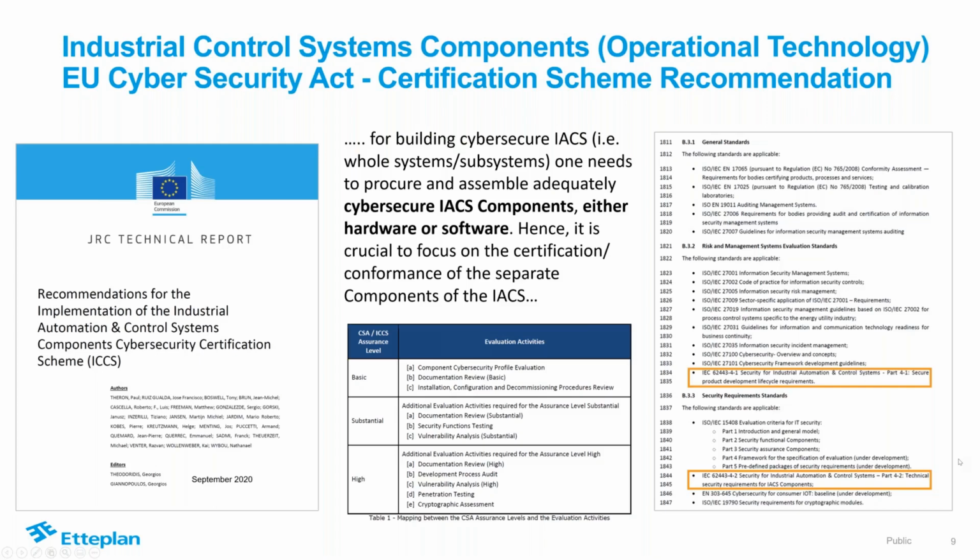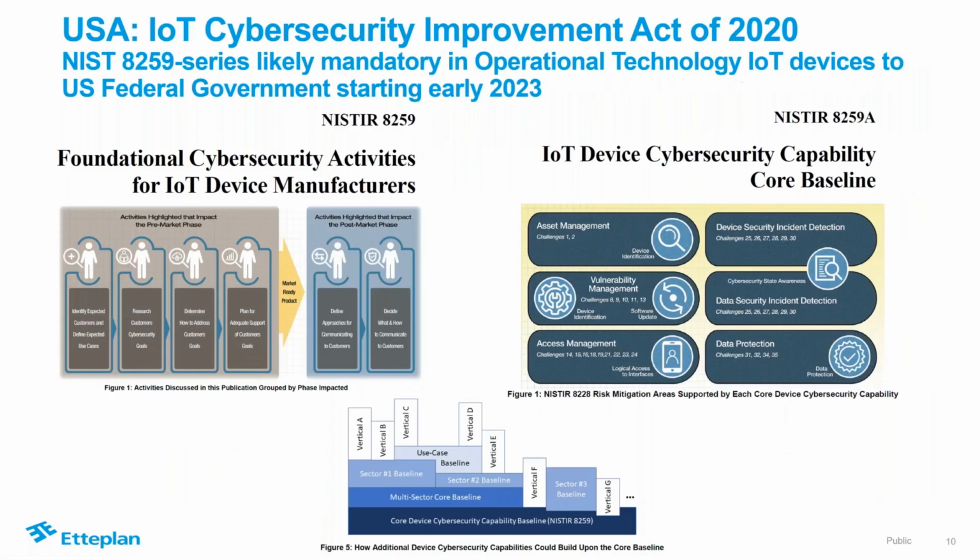Then if your market is in the US, you should very much be aware that the US Senate and Congress have now passed the IoT Cybersecurity Improvement Act of 2020. It's next going to the president. So basically, the National Institute of Standards and Technology 8259 series is likely to become mandatory if you want to sell IoT devices to the US federal government or to entities controlled by the US federal government.